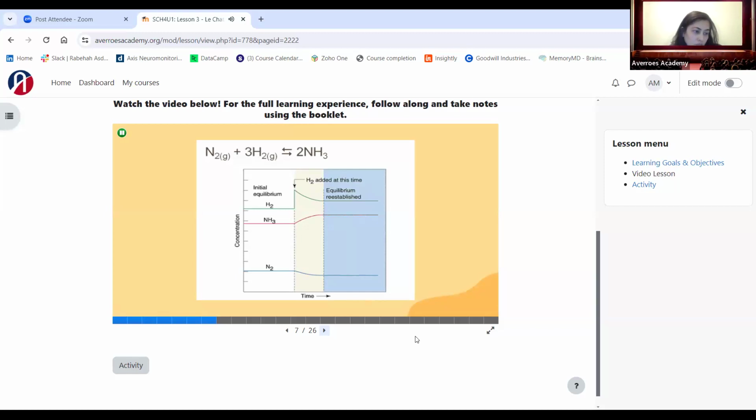So hydrogen gas is added, and then that yellow shaded area is showing that middle state of change. And then slowly, as that extra hydrogen gas gets converted into ammonia, we reach a new equilibrium, which is at a different level. The final concentrations of each of those reactants and products is different, but we've reached a new equilibrium, and that's that blue, purplish shaded section of the graph.